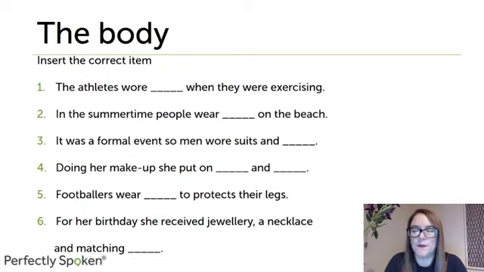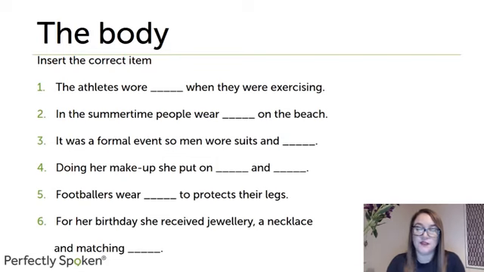Number 3, it was a formal event, so men wore suits and blank. Number 4, doing her makeup, she put on blank and blank. Footballers wear blank to protect their legs. And for her birthday, she received jewellery, a necklace, and matching blank.